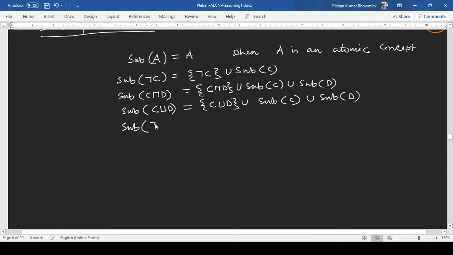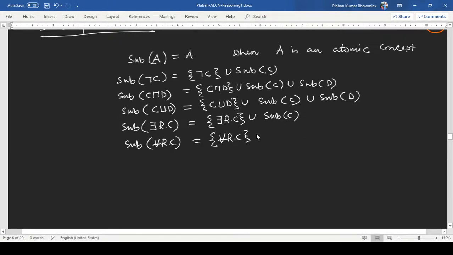Sub of there exists RC will have the same expression as the sub concept. Additionally, it will be having this to be sub concept as well. Now sub of for all RC similarly will have this and sub of C, right?